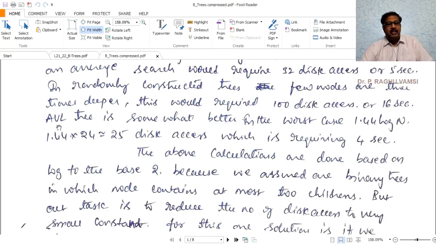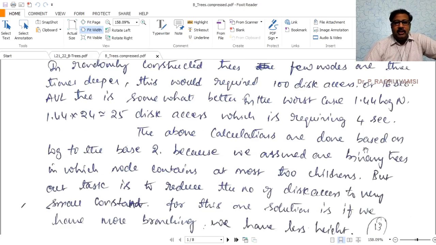If you consider the AVL tree, it is somewhat better in the worst case, because in the best, worst and average cases, the AVL tree has a very good property. It gives 1.44 log n complexity. So 1.44 into 24 is almost 25 disk accesses, which requires almost 4 seconds.